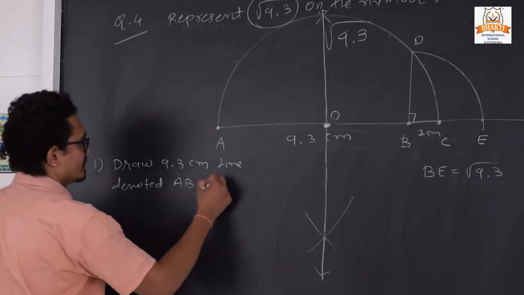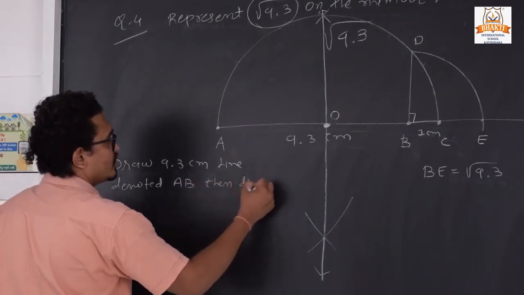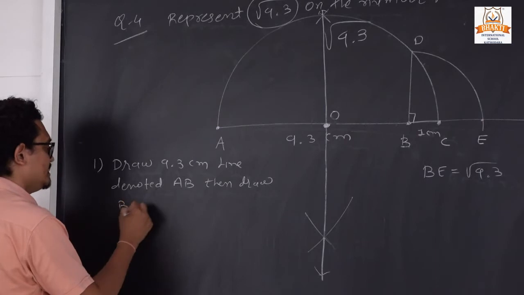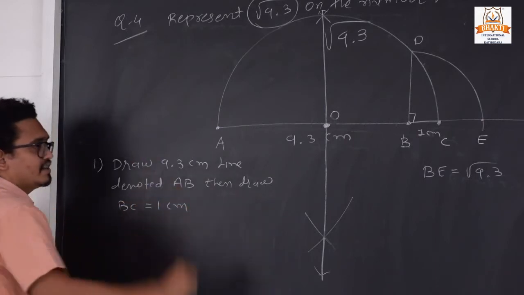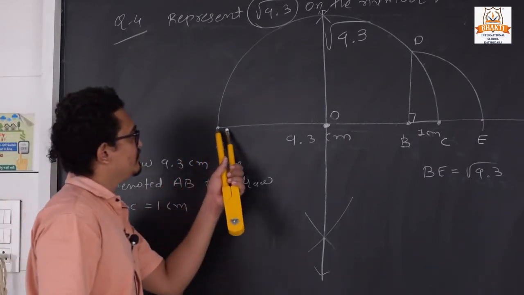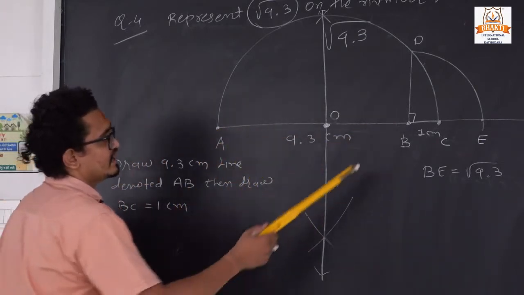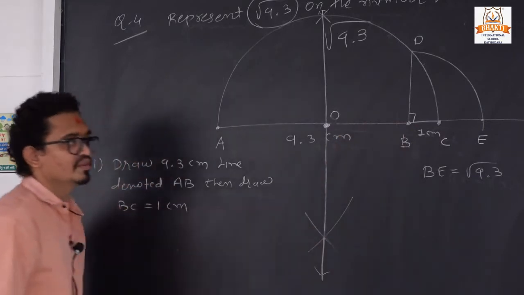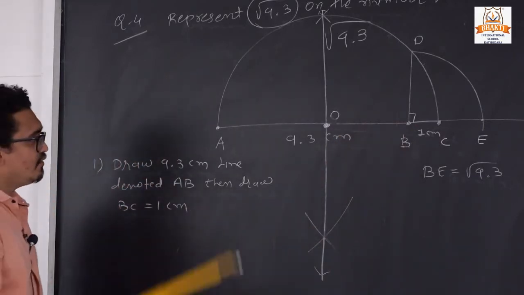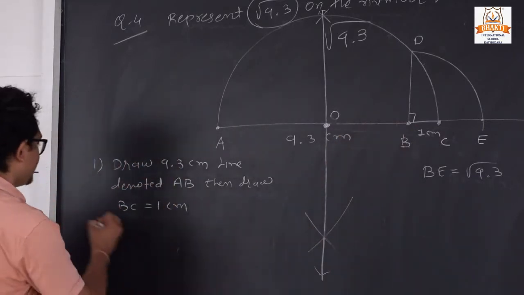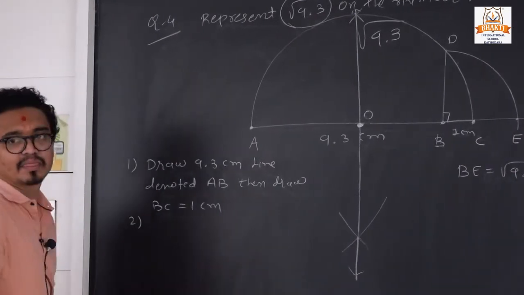Then draw BC equal to 1 centimeter. So it is our first step. We draw AB equal to 9.3 and then BC equal to 1 centimeter. Now what can we do? We can draw its bisector, second step.